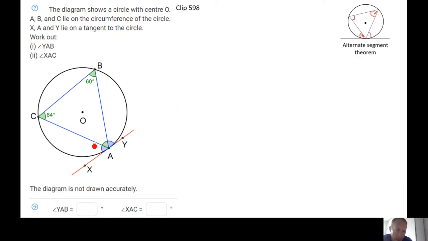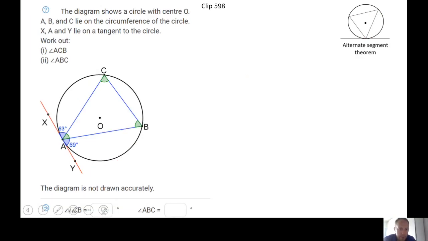Okay, so that means in this diagram, I've flicked forward, haven't we? In this diagram, where 63 is, the alternate position is over here. The 69, the alternate position is over here.